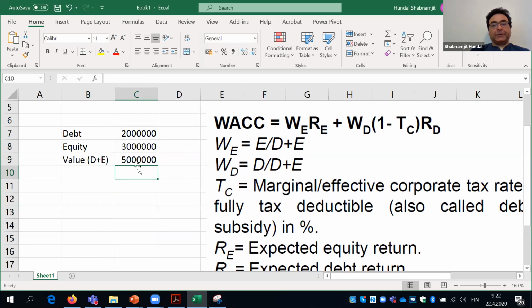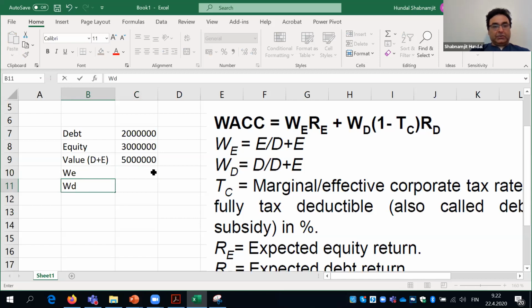That's the value of the company. So you can see the weight of equity and the weight of debt.